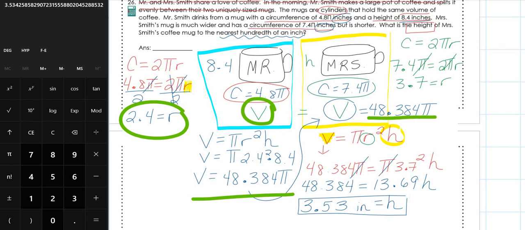But then for her volume, to work backwards and get h, we had to figure out the radius. And the radius we had to figure out by looking at her circumference and working that backwards and getting our 3.7. Once we had that, we plugged in our volume that we got from Mr. Smith, we plugged in our radius that we got from her circumference, and we solved for the height. It was a long process, but we're finally done. Moving on.